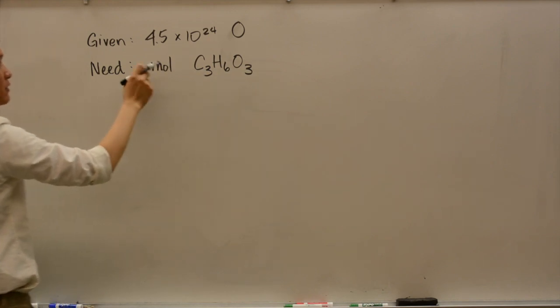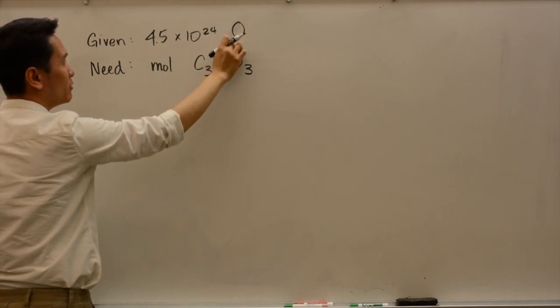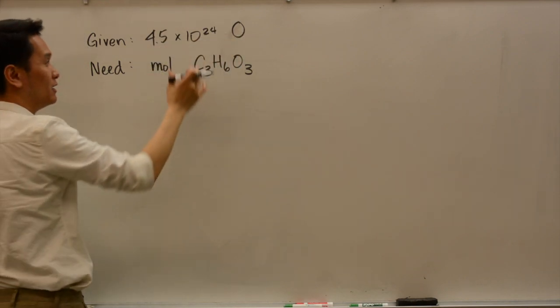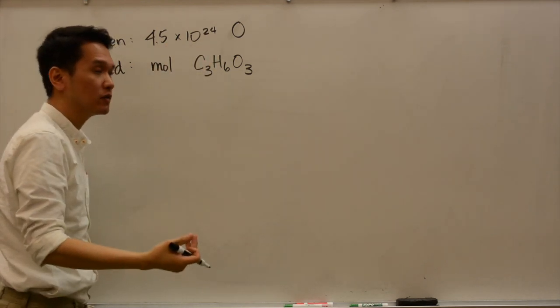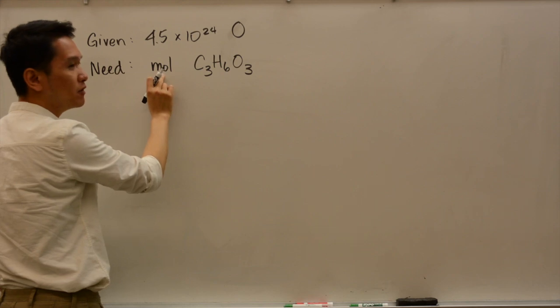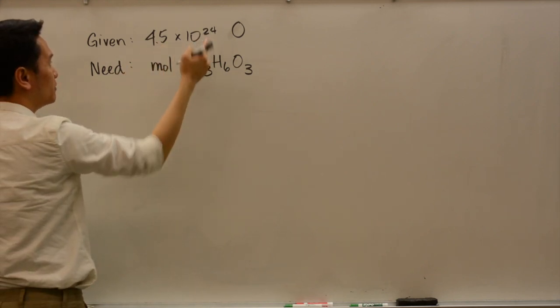Okay. So first of all, we know that we're given an amount of atoms, and we can't really use that kind of count very well until we convert to moles first, right?